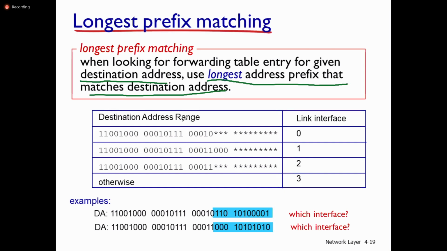So for the destination address range, after this the remaining bits are don't care. There may be either zeros or ones. Second category, then third category, otherwise. For example, this comes under 00010.